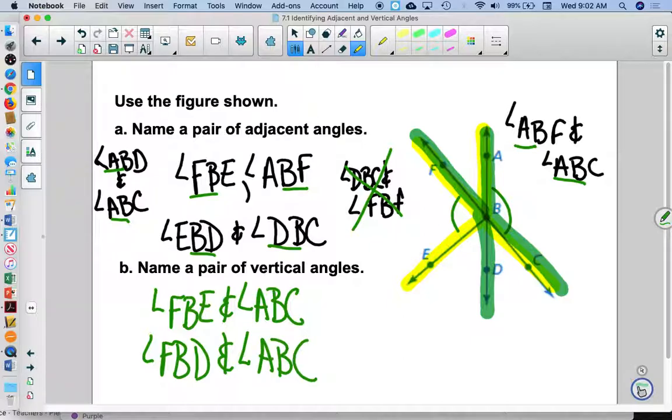What do you see, Matthew? ABF and DBC. Angle ABF and angle, what was your other one? DBC.